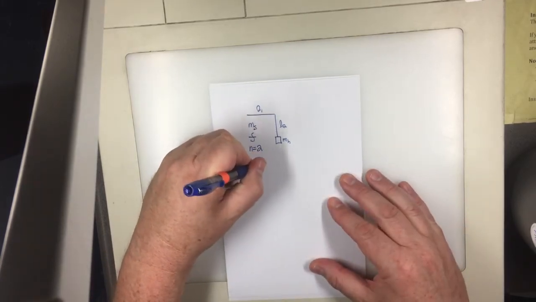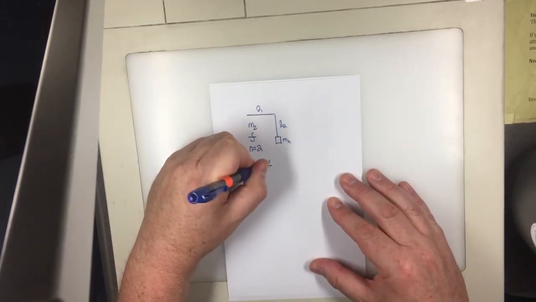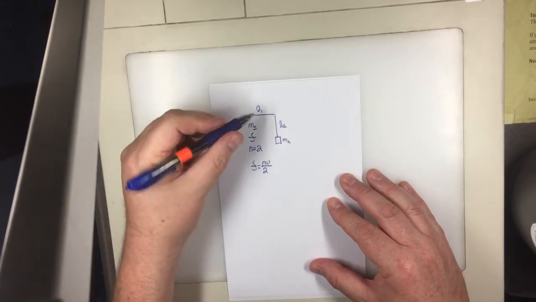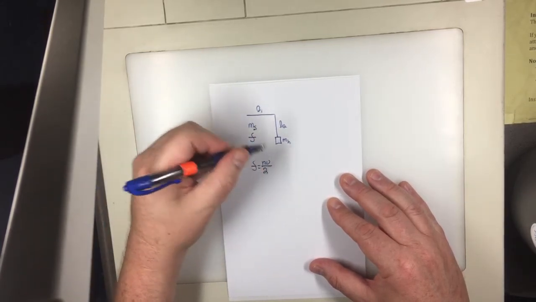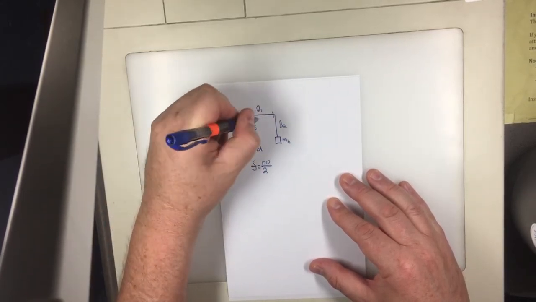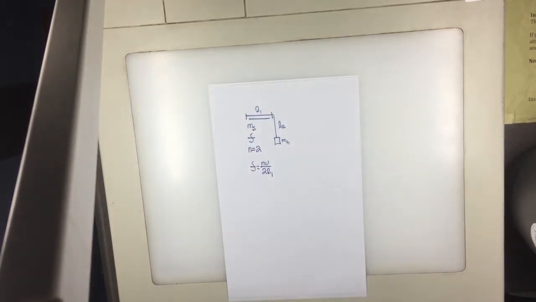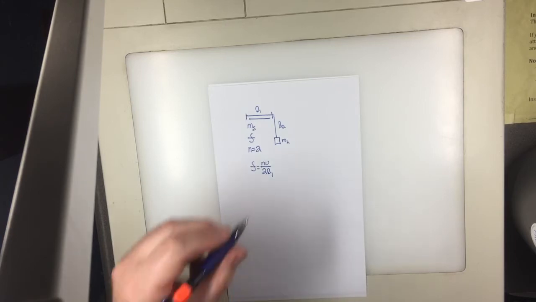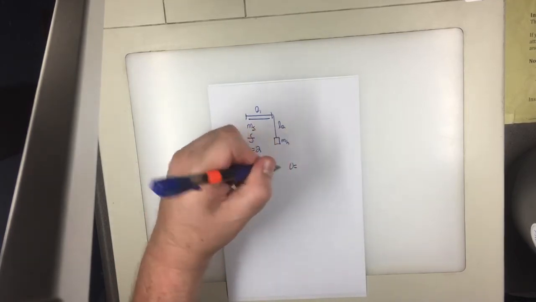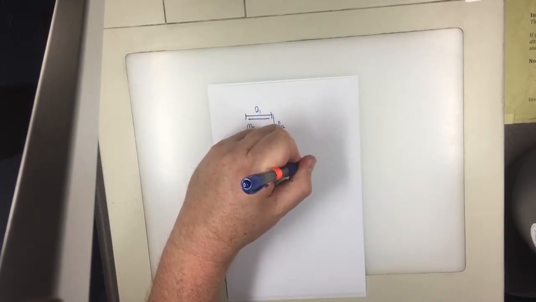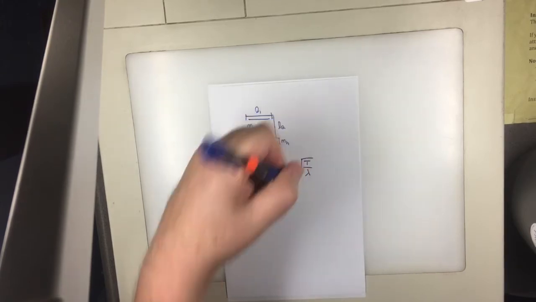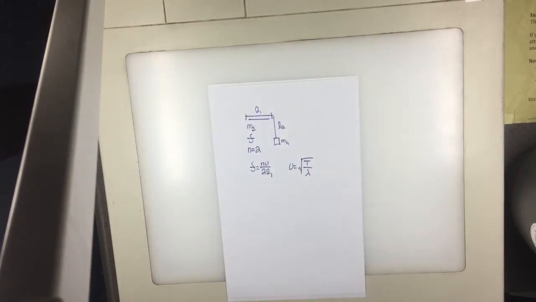Vibrating strings, F equals NV over 2 times the vibrating length. The vibrating length is that. So it's L1. The velocity is the square root of tension over linear mass density.